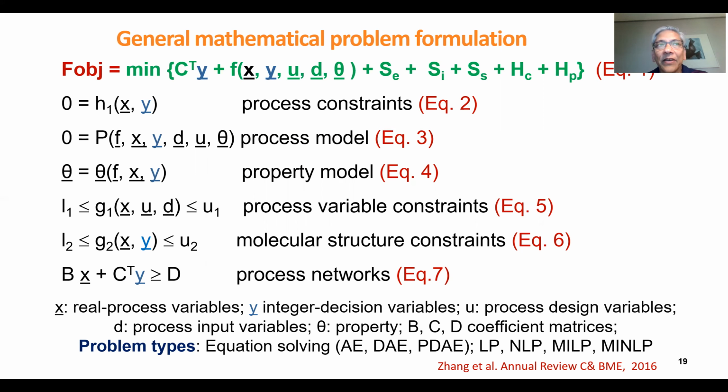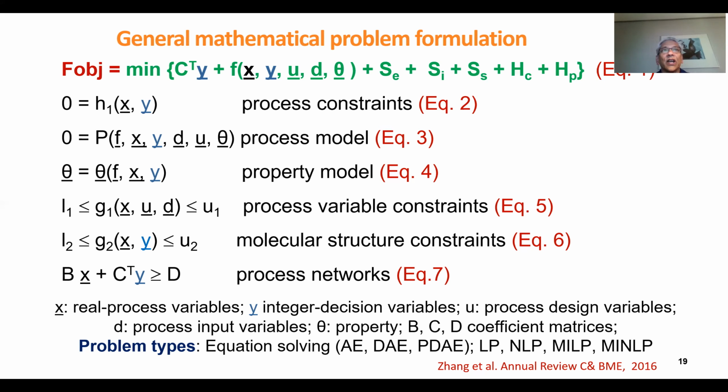Equations 5 are constraints on the variable: limits on temperature, limits on pressure, limits on valve opening, and so on. Molecular structural constraints is equation 6. If we are using catalyst or solvent or refrigerant, what would be the molecules we would like to use?